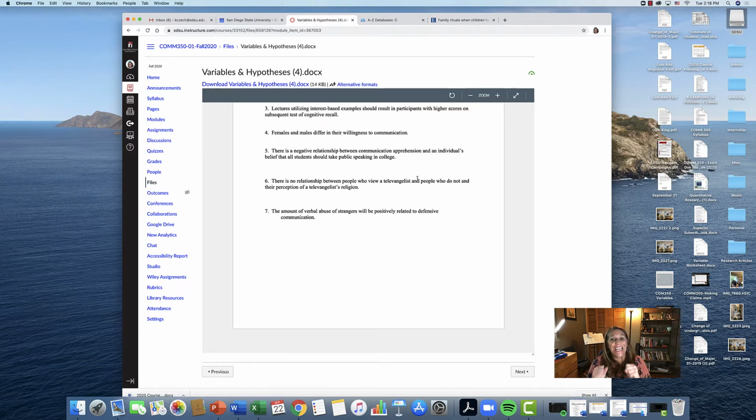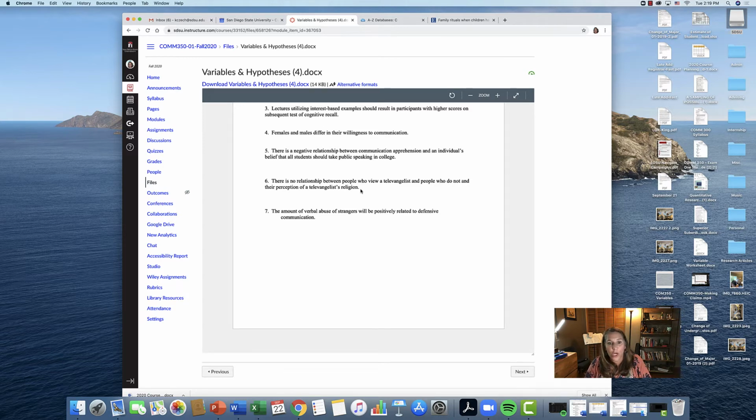So that's the independent variable. Whether people view evangelists or not probably affects their perception of the TV evangelist's religion. Okay, I have a period at the end of the sentence, so I know it's a hypothesis.